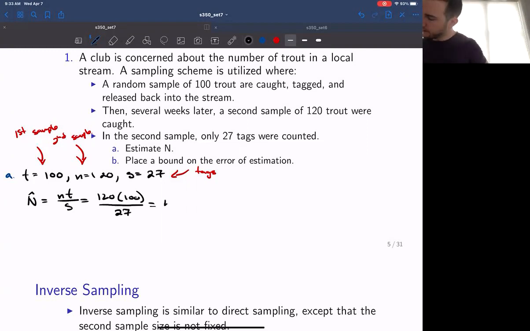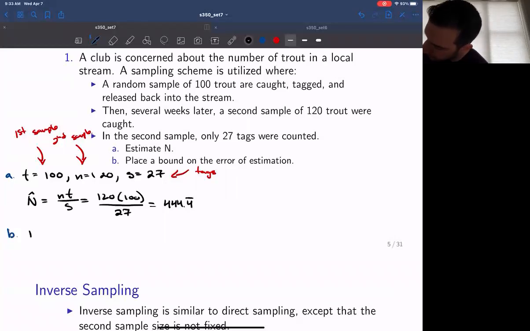And that gives us 444.4 repeating. So our estimate of the population size, the total number of trout in this local stream, is around 445.